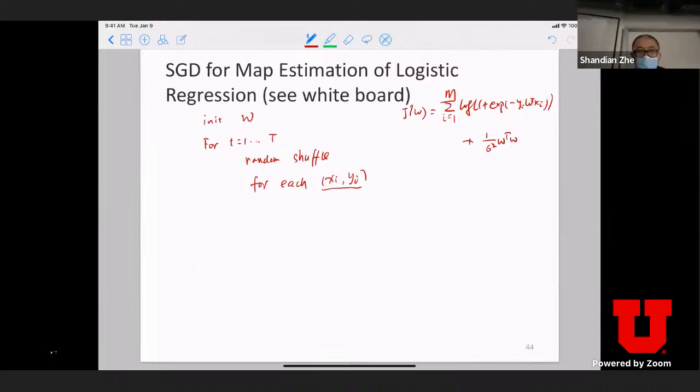Then, with the regularization term, you calculate the gradient. That's a valid stochastic gradient. So this is the same as what you did for the SVM.